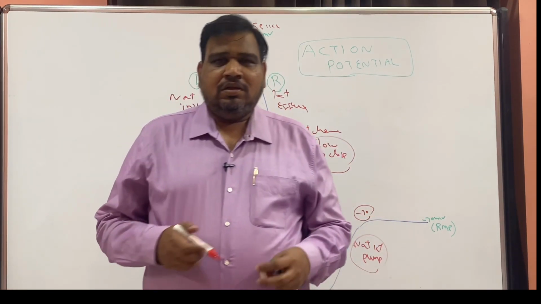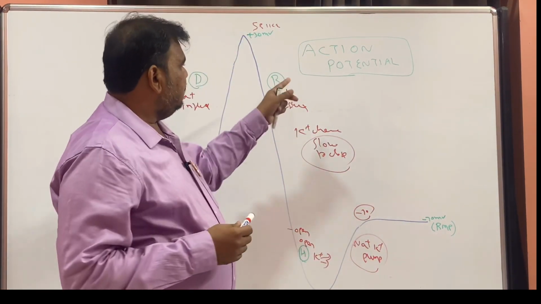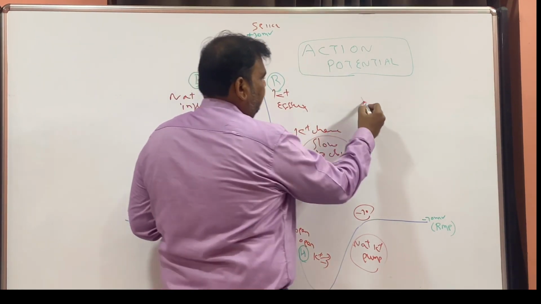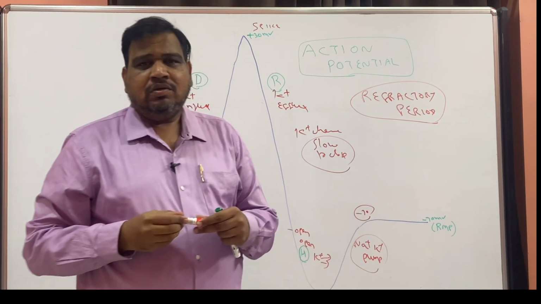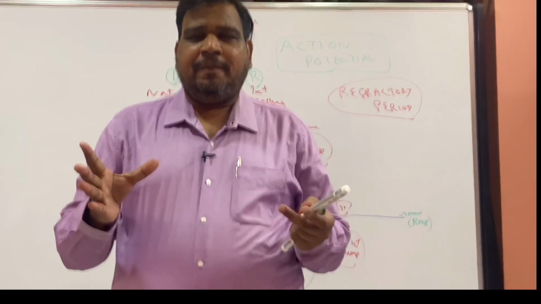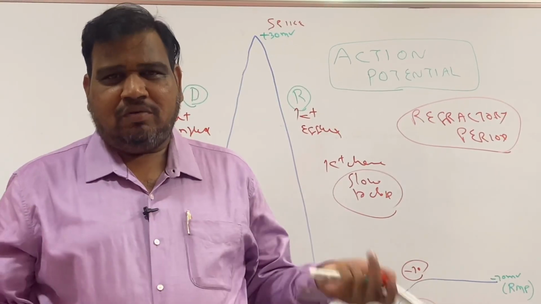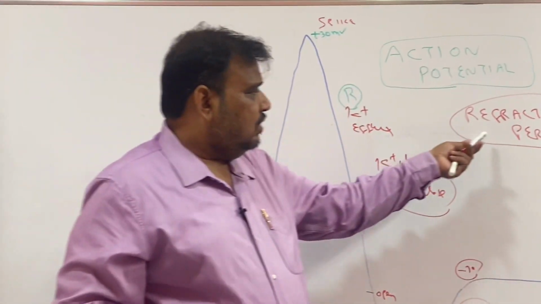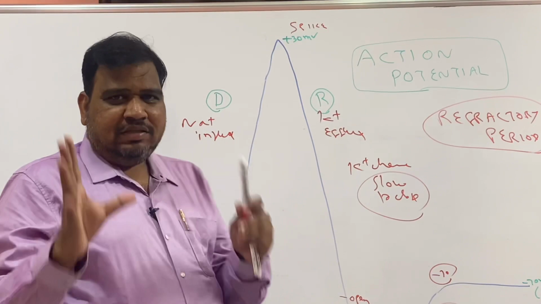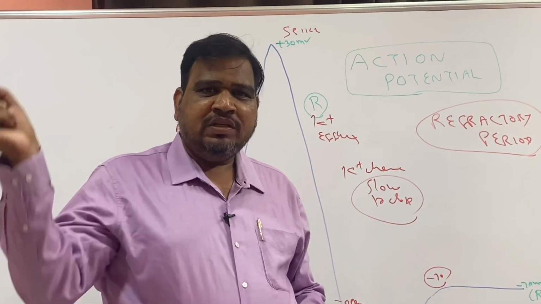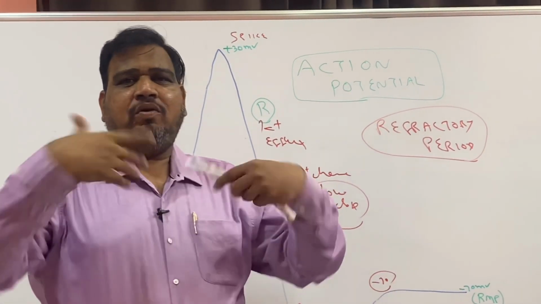Today's topic is the refractory period, a very important period which comes in the action potential curve. What is refractory? Refractory means not responding to anything. So refractory period means there is a period in this action potential curve during which, if I give a stimulus, there will be no action potential.